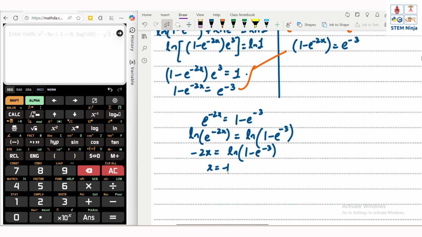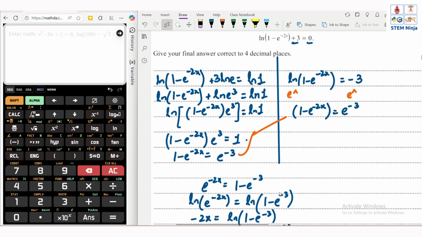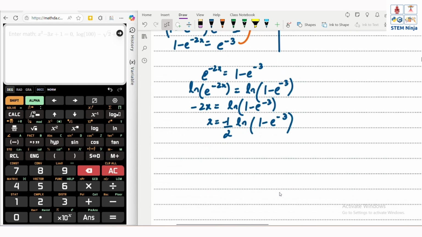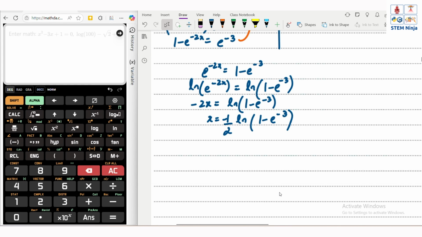And x would be minus 1 over 2 ln(1 - e^(-3)). And that's it. We don't need to do anything else over here.